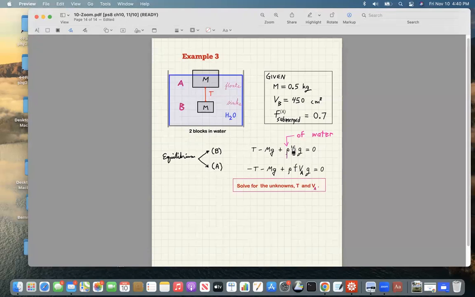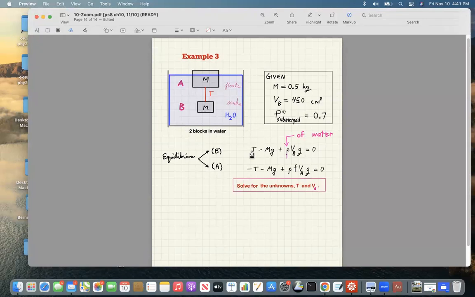So the mass will be the density of water, I know that, that's 1,000, times the volume. I know that, that's 450 cubic centimeters. So that gives me one equation. I'm trying to calculate T. That's the problem. That gives me one equation with one unknown.